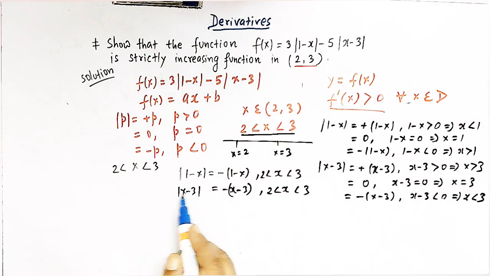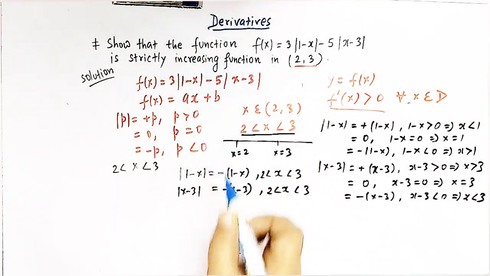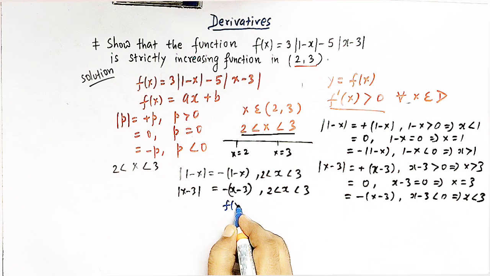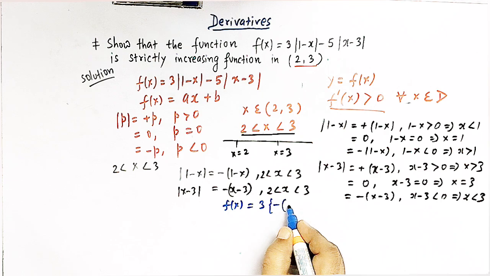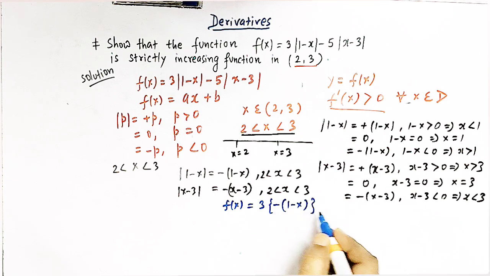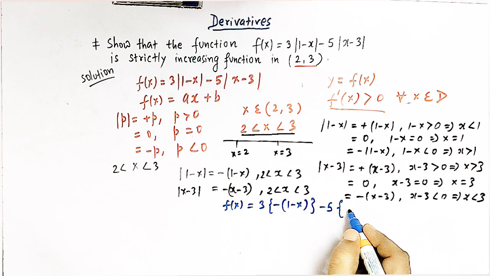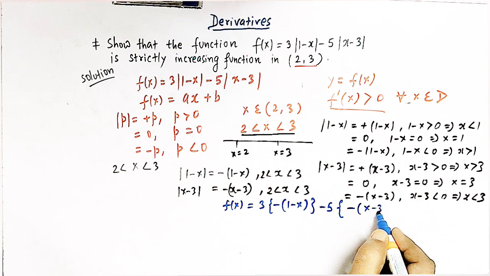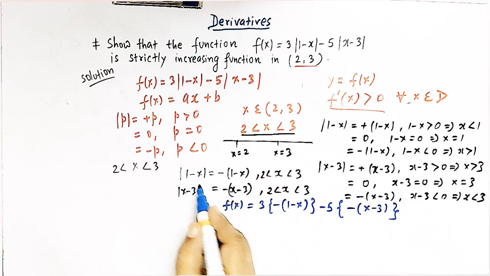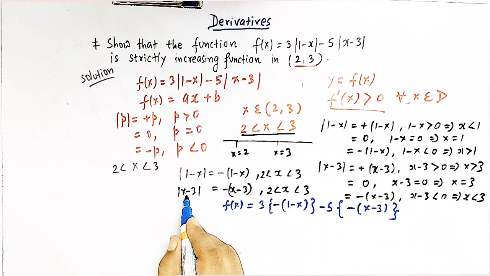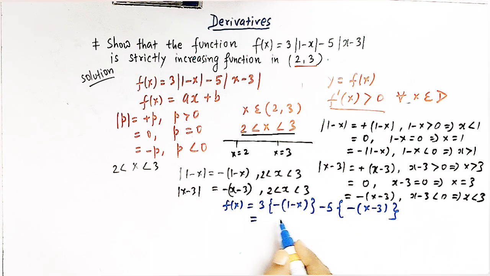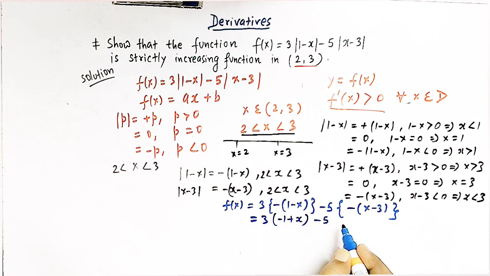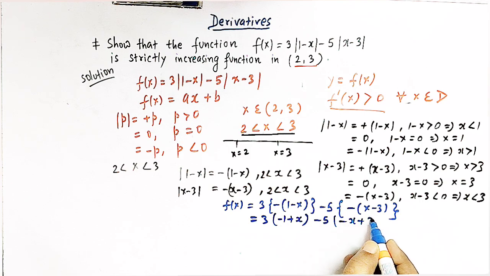Now let us substitute these values in this function f of x. We can write f of x as 3 times negative of 1 minus x, and then minus 5 times negative of x minus 3, because mod of 1 minus x is negative of 1 minus x, and mod of x minus 3 is negative of x minus 3. Let us simplify. We have 3 times minus 1 plus x, and here we have minus 5 times minus x plus 3.